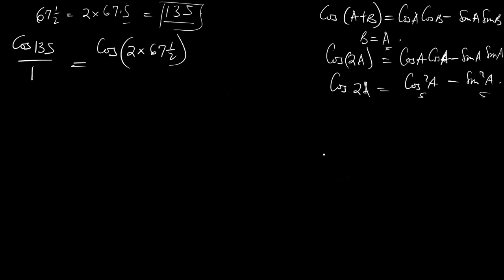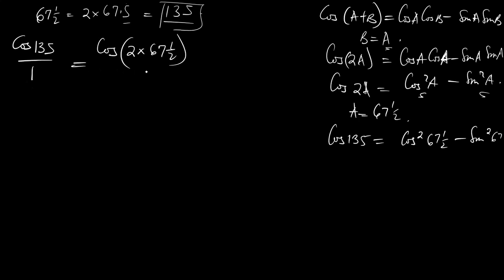So if we now say A is equal to 67 and a half, then that means cos 135 is equal to cos square 67 and a half minus sin square 67 and a half.